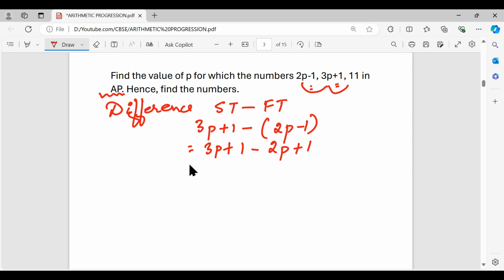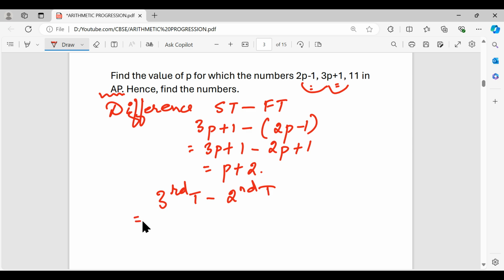So here you get 3p minus 2p is p plus 2. Okay, and now we will find another one, that is third term minus second term.